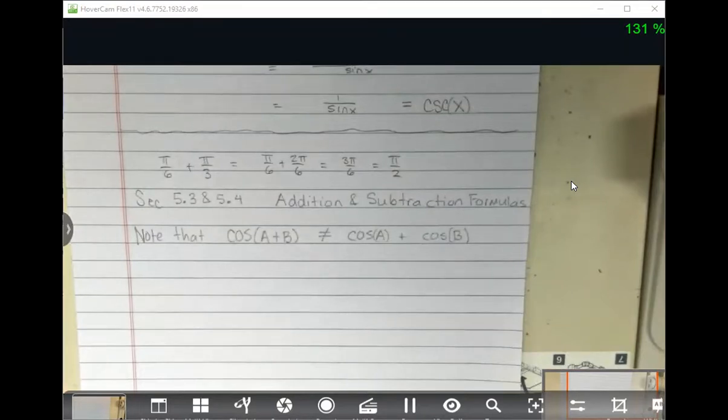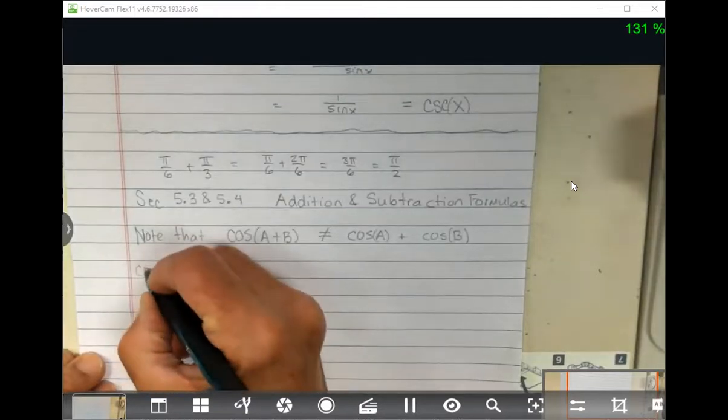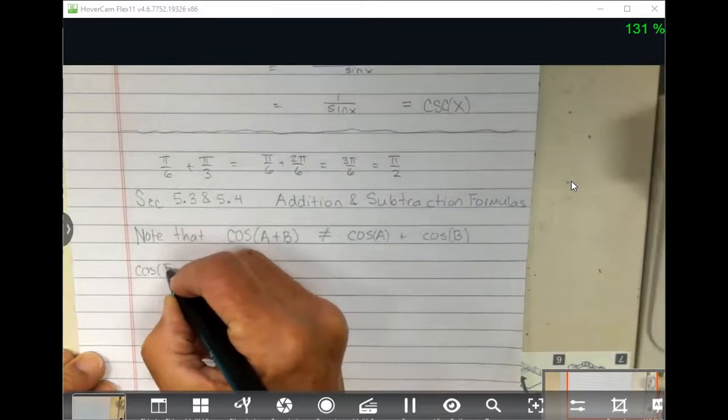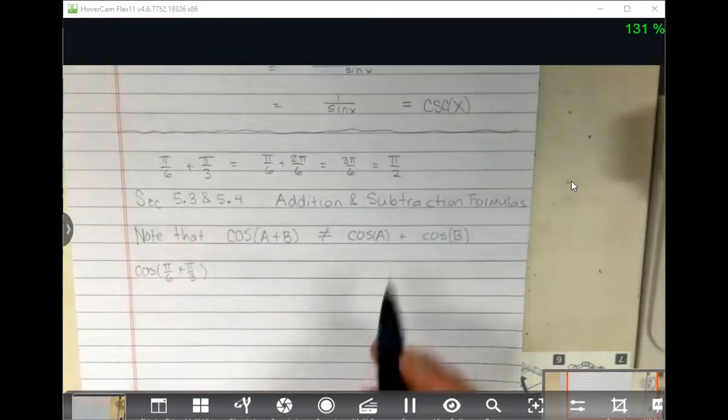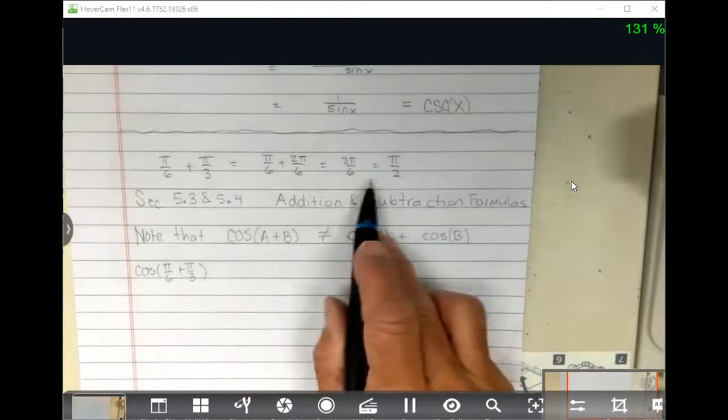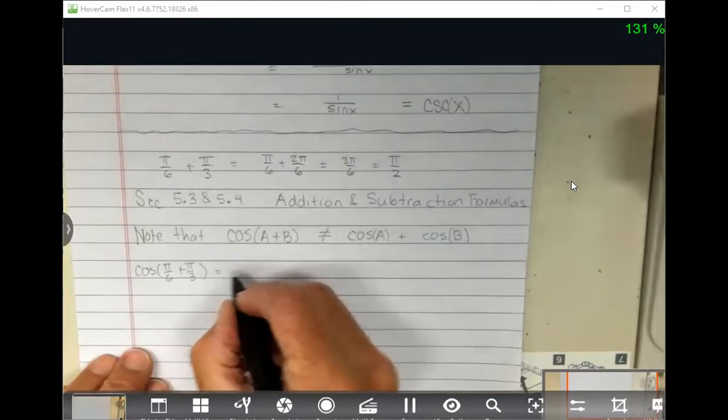And I'm going to use my pi/6 plus pi/3 example. Look at the cosine of pi/6 plus pi/3. By doing the arithmetic, that should be equivalent to the cosine of pi/2.